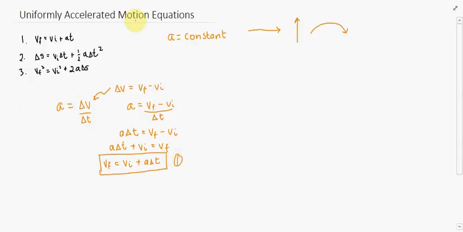Excellent. Okay, let's go to equation number 2. There are two ways to define average velocity. Remember, average velocity is defined as v with a bar on top.